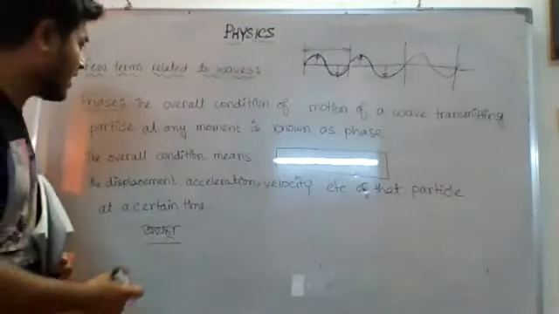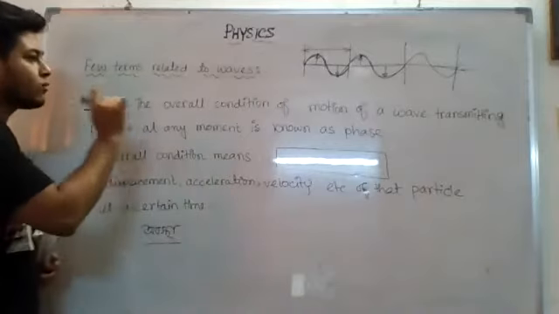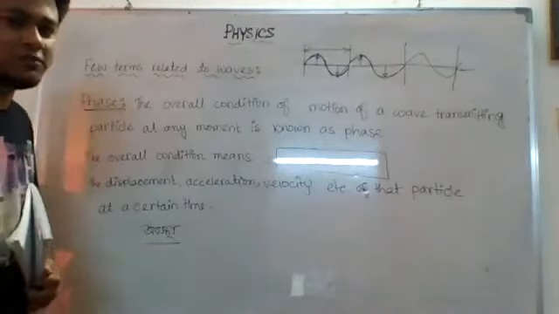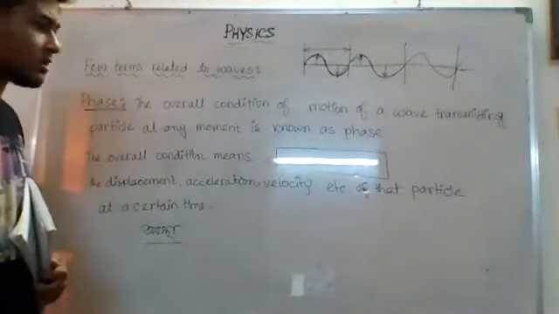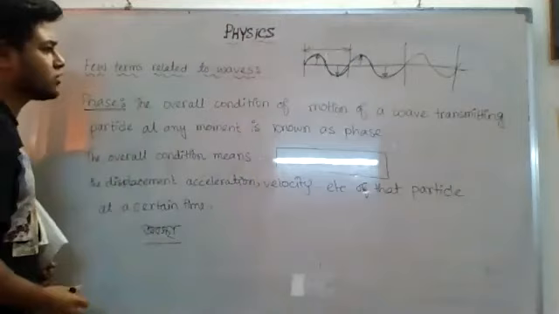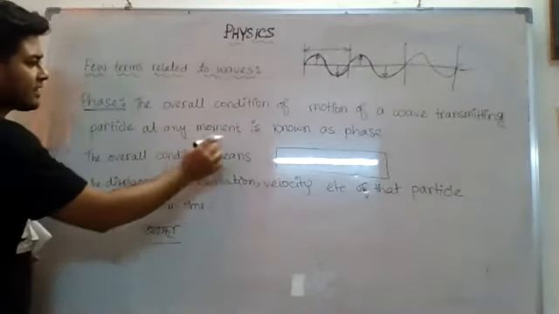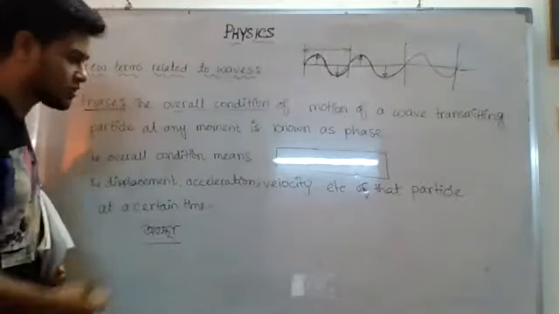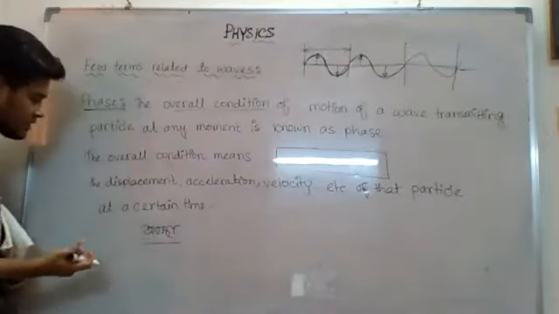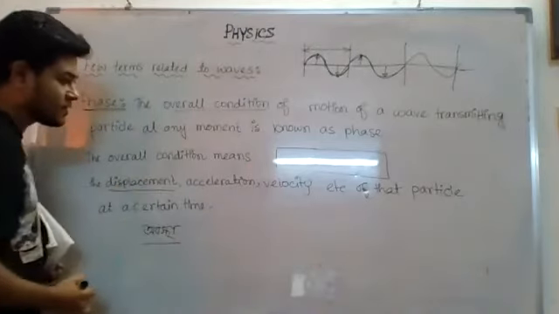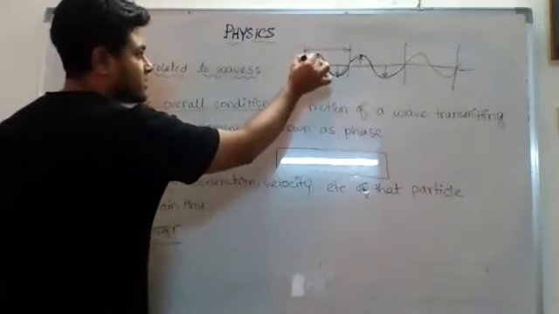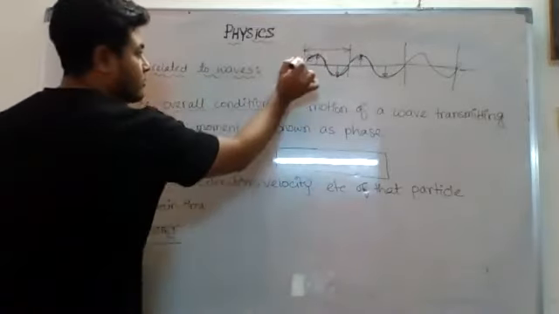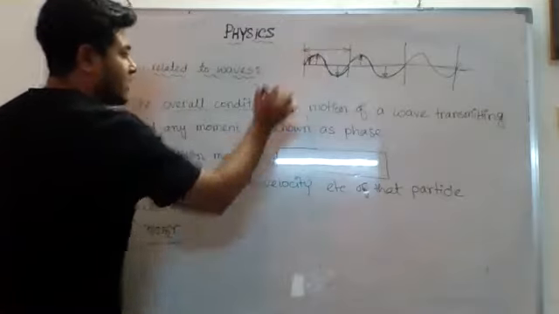Now I want to know the phase of a wave transmitting particle. So there should be a set of information that you should be giving me. If I ask what is the phase of this particle, then the overall condition of motion of a wave transmitting particle at any moment is known as phase. Overall condition is a set of information. What information will be included here? For example, the displacement of the particle. Let us say a particle is at this point at this moment, so what is its displacement from the equilibrium position?